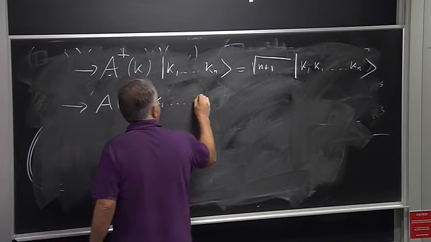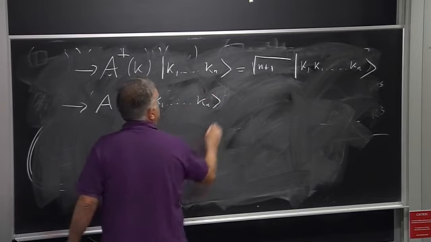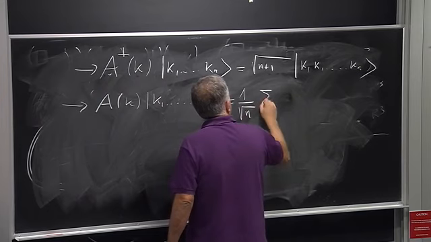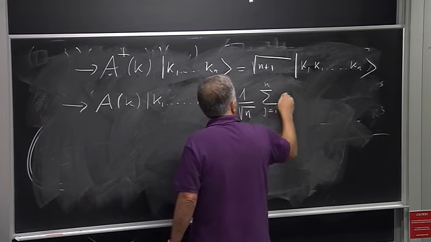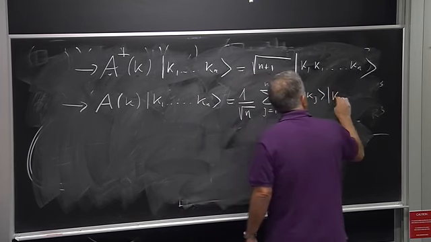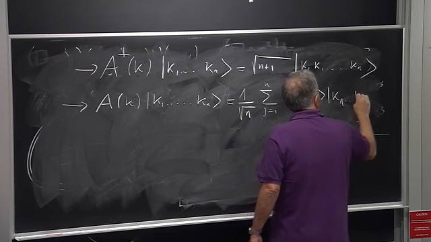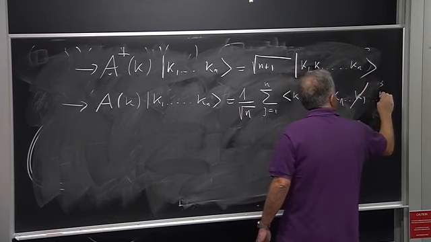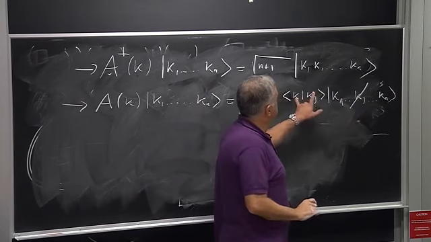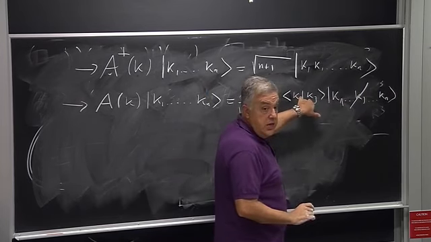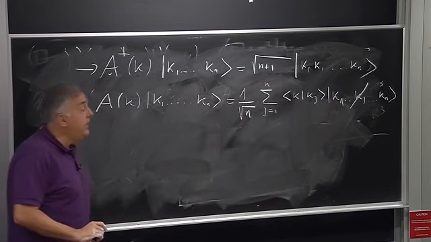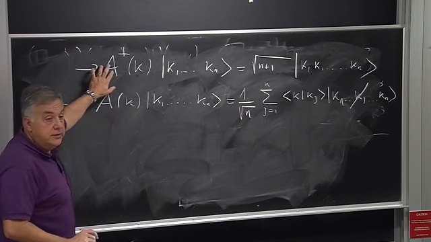This is a calculation. You suppress the kj here, take the inner product of k with kj, and sum over all the possibilities, dividing by the square root of n, and this is the adjoint of this.